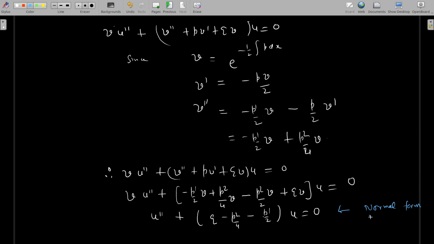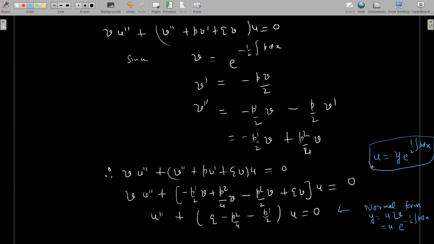You assumed y equals to u v, and what is v? Exponential minus 1/2 integral p dx. So you will make this transformation, and you can write u equals to y times e to the power 1/2 integral p dx.